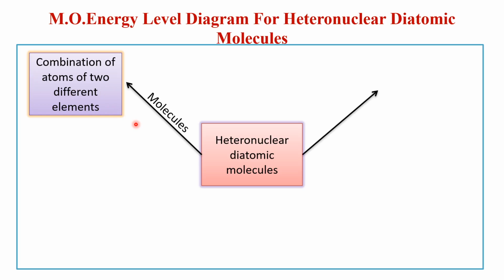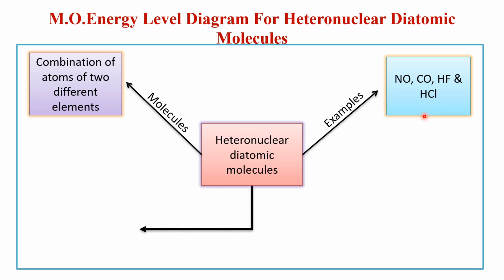Examples of the heteronuclear diatomic molecules are NO, that is nitric oxide, CO, that is carbon monoxide, HF, hydrogen fluoride, and hydrochloric acid, that is HCl.